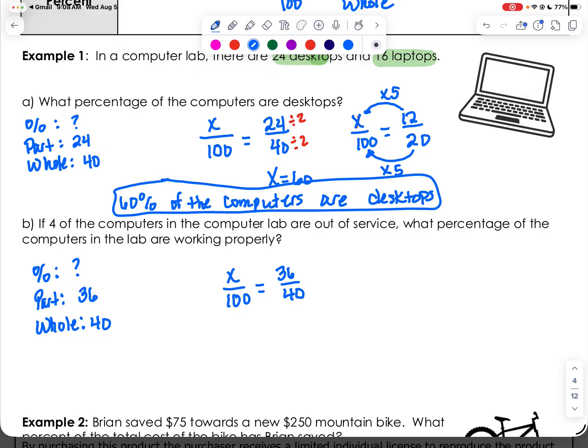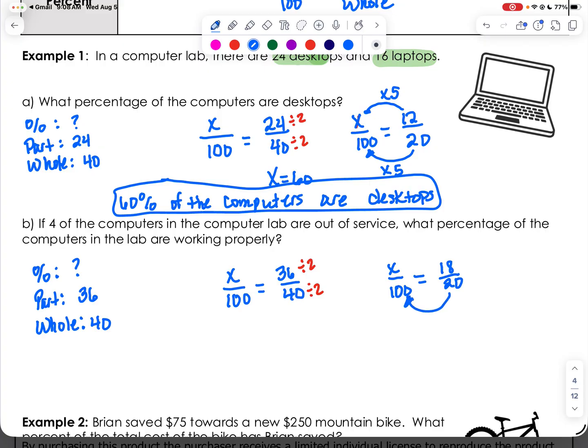All right, welcome back. I did this problem exactly like I did the one above it. I simplified that second fraction in hopes that I could more easily determine the scale factor. When I simplified it, I got x over 100 equals 18 over 20.